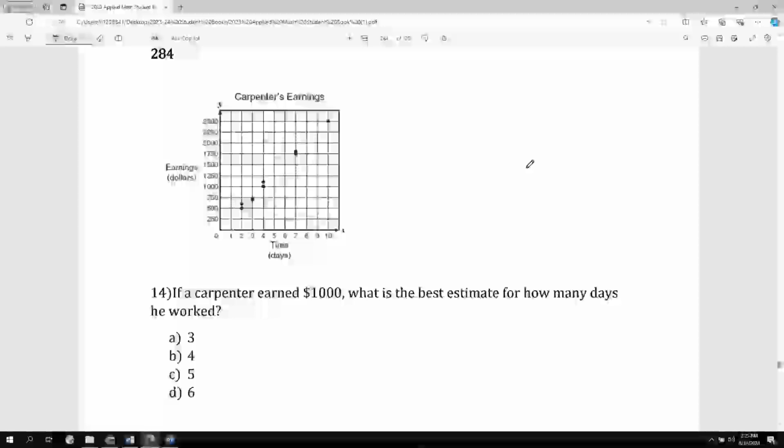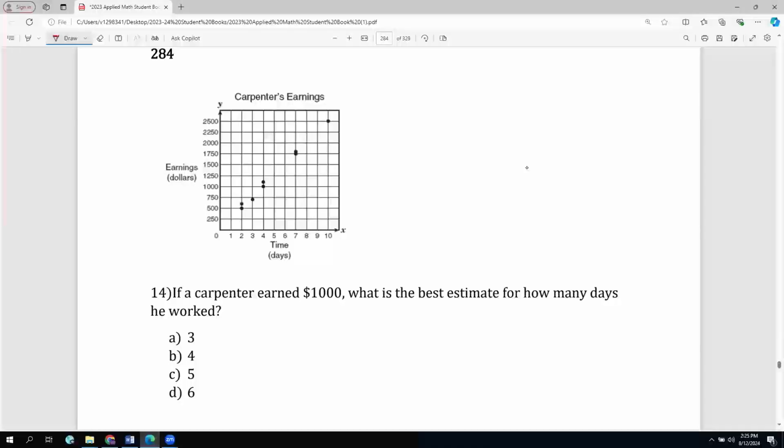Okay, so again, I have a scatter plot with multiple data points all over here. Let's check out our stuff. Title, do I see my title? Yes, this is the carpenter's earnings. What are my variables? I see time or days, and they're comparing it to earnings or money. Here's my low spot. I move to the right, I'm increasing the number of days.